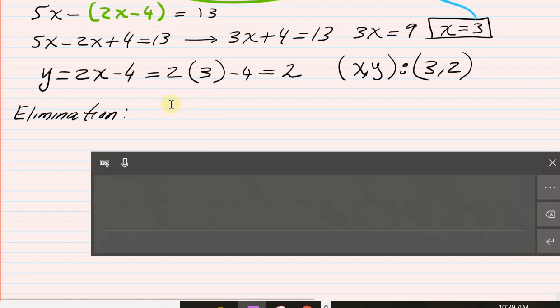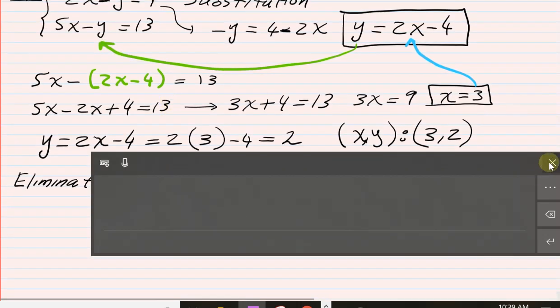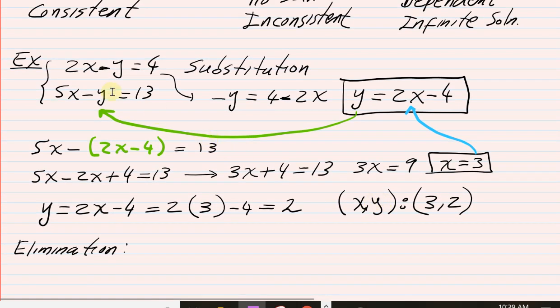In this case, because the coefficients on x, the 2 and the 5, are different, it's easier to get rid of the y's. Notice they just need to become opposites in order for them to add to 0. So I'm going to multiply the first equation by negative 1.